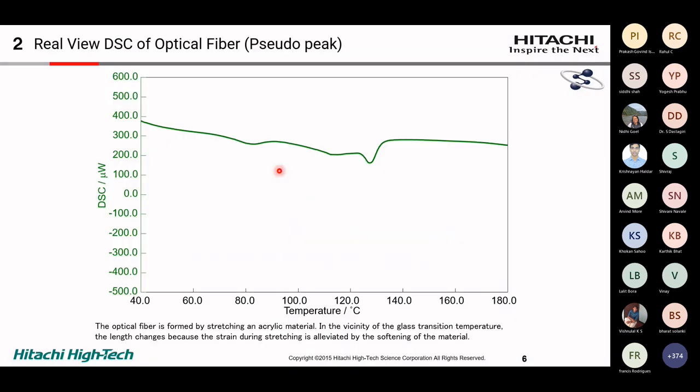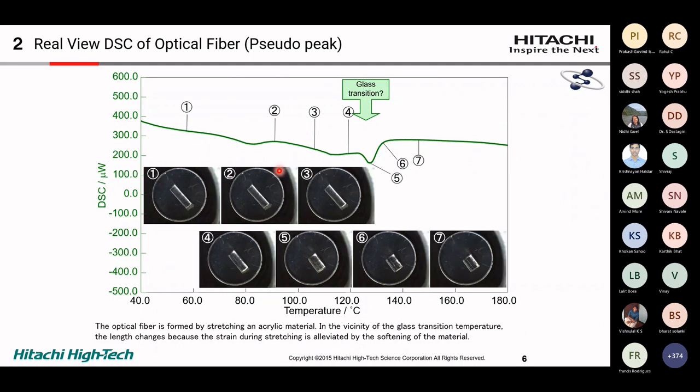Another application of DSC is that it can be upgraded in future with a camera. You can attach a camera to the DSC, and when you are running the sample, the image of the sample is captured at various temperatures. You can see here, with respect to temperature, the image of the sample being captured from position number 1 to position number 7.